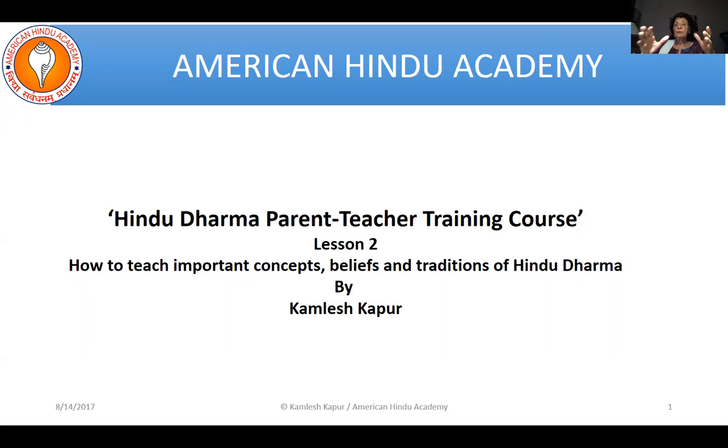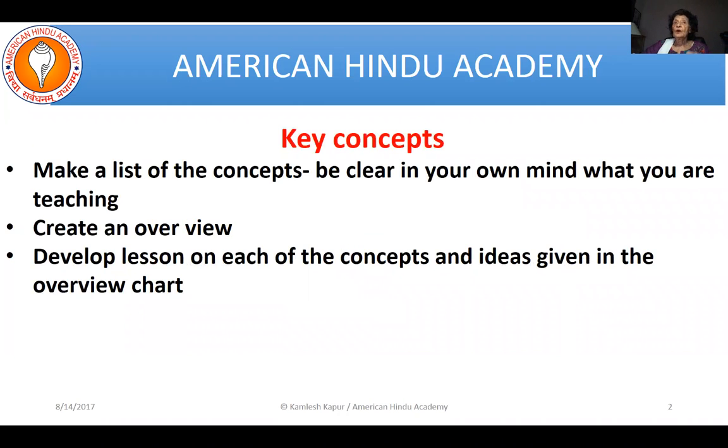In this particular session, we are going to start with an overview, and let us see what we are going to understand. The teacher has to make a list of concepts they are going to teach in a certain session or in a certain lesson.